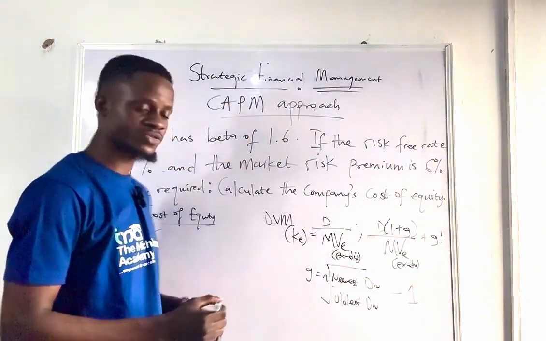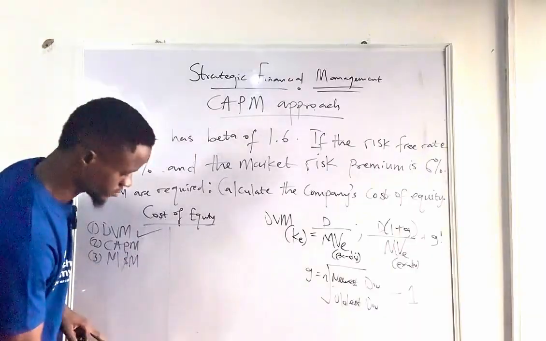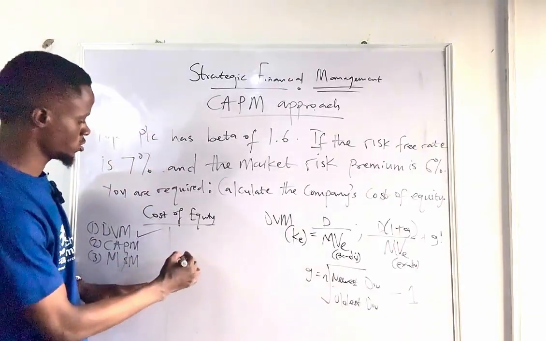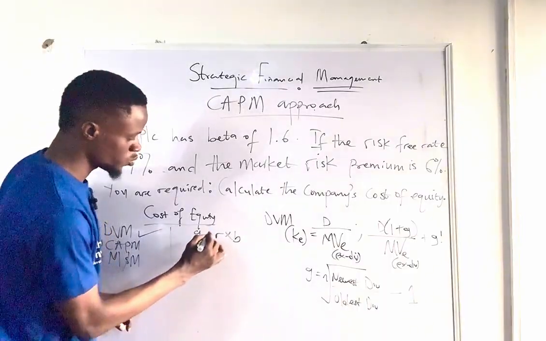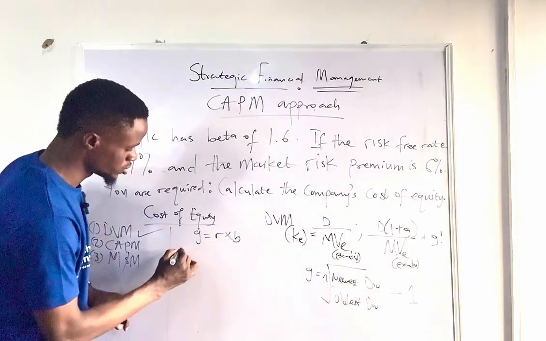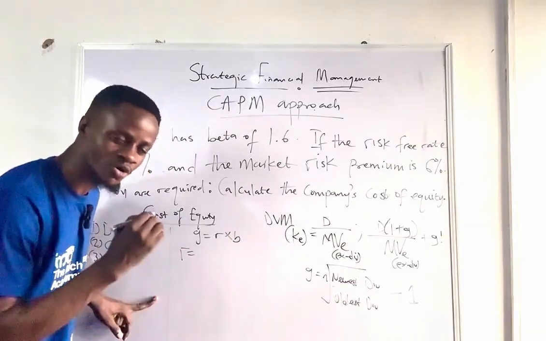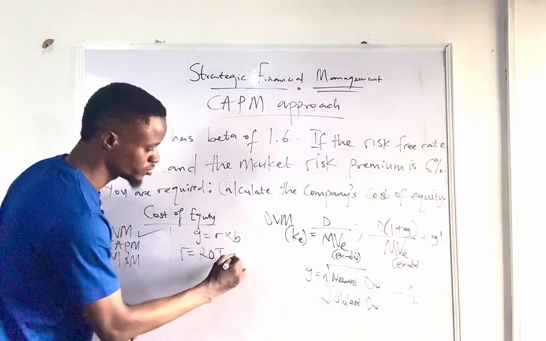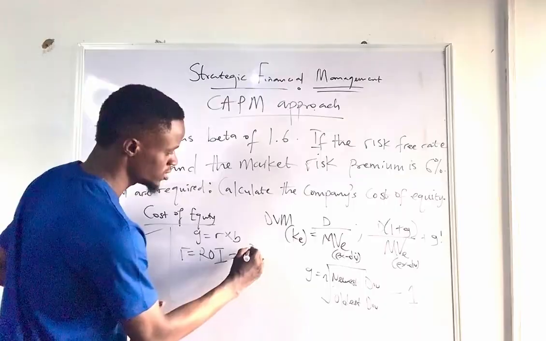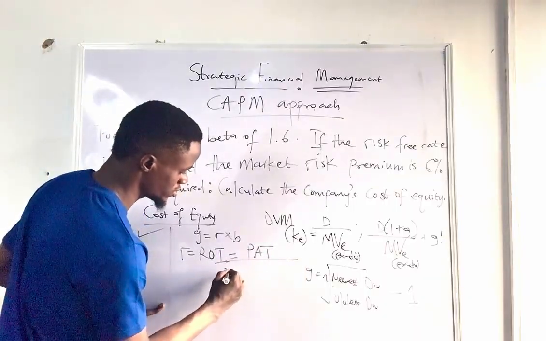But if it's through Gordon's growth model, then g is equal to r times b, where r is return on investment or accounting rate of return, ROI.